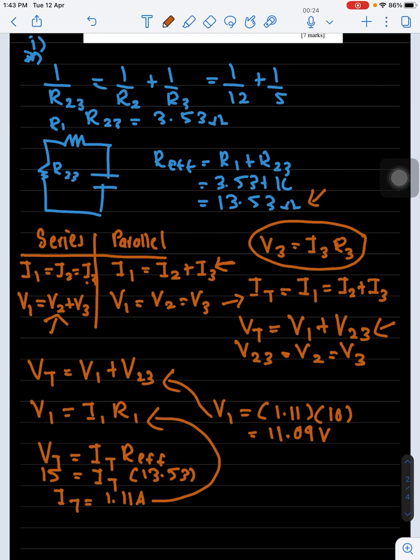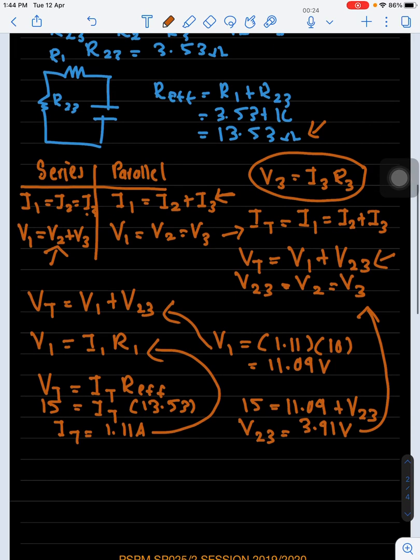Okay, so V total is 15 volt, V1 is 11.09 plus V23. So V23 equals 3.91 volt, meaning that V23 equals V2 equals V3. The potential difference across resistor 3 is equal to 3.91 volt.